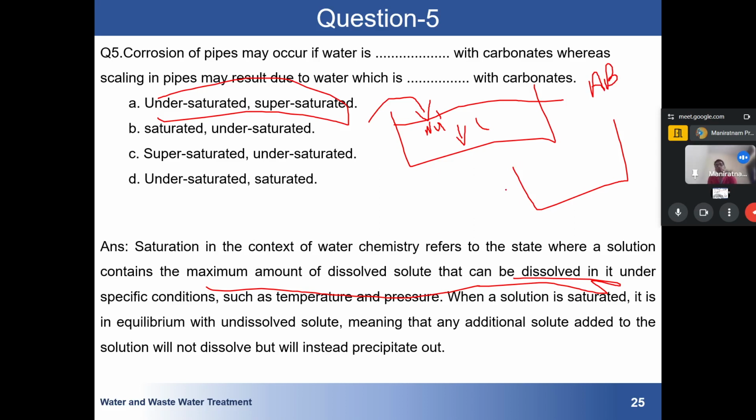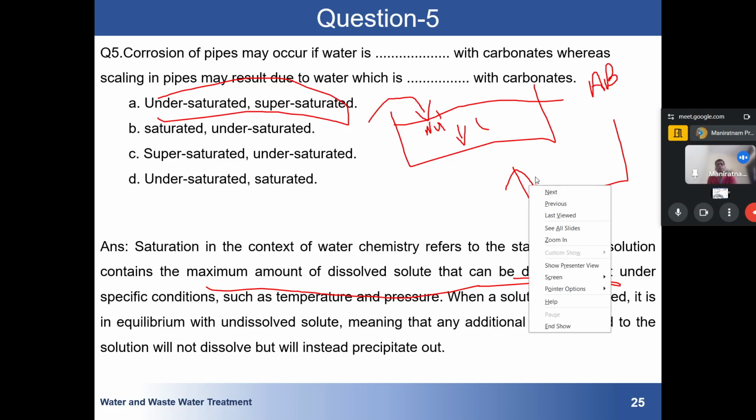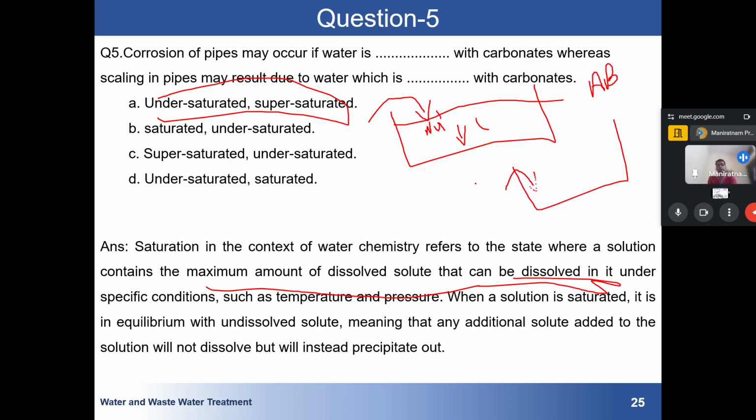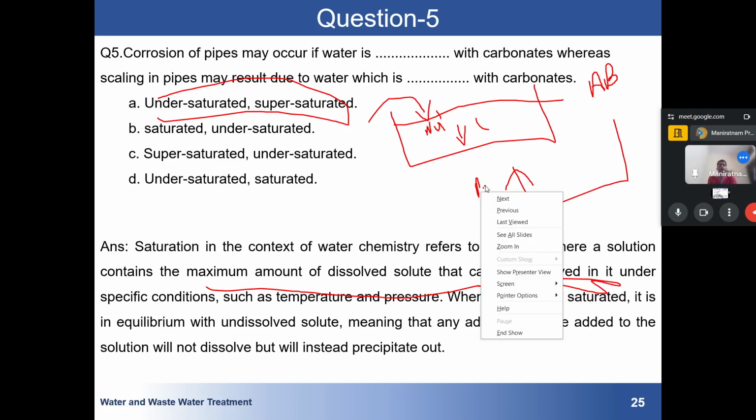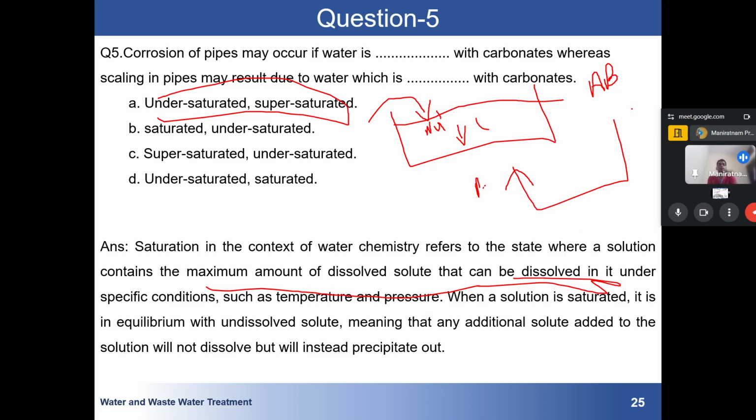In water you start adding A, and similarly from another end you start adding B. So this is A plus and this is B minus. This A plus and B minus will react and form AB.